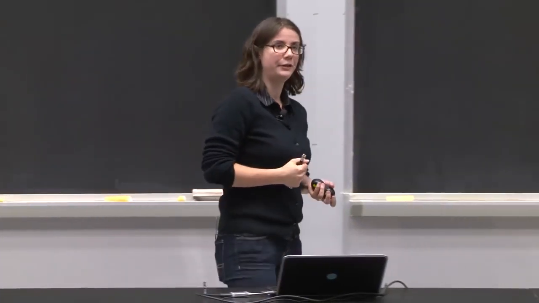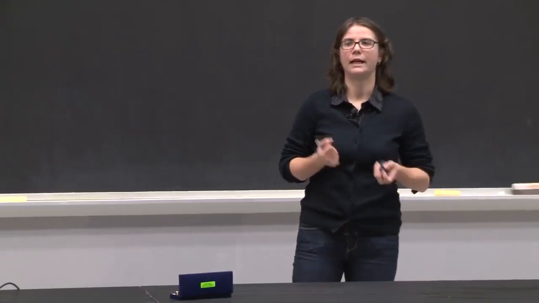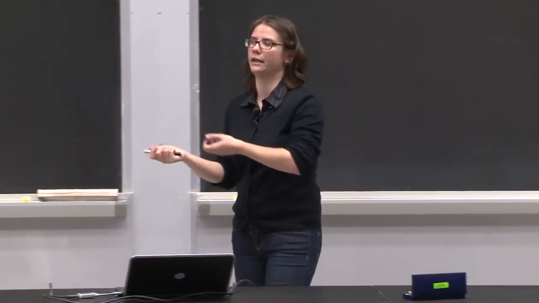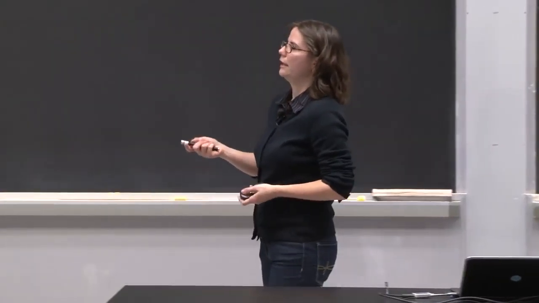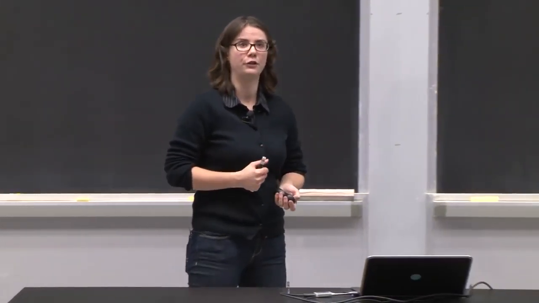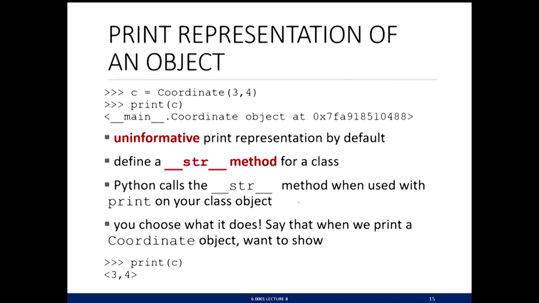If you define this method in your class, that tells Python, when you see a print statement on an object of type coordinate, call this method, look at what it does, and do everything inside it. You can choose to make it do whatever you want inside your definition of str. In this case, let's say when we print a coordinate object, we're going to print its x and y values surrounded by angle brackets. That seems reasonable. So from now on, when you print coordinate objects, you're going to see things like this, which is a lot more informative.